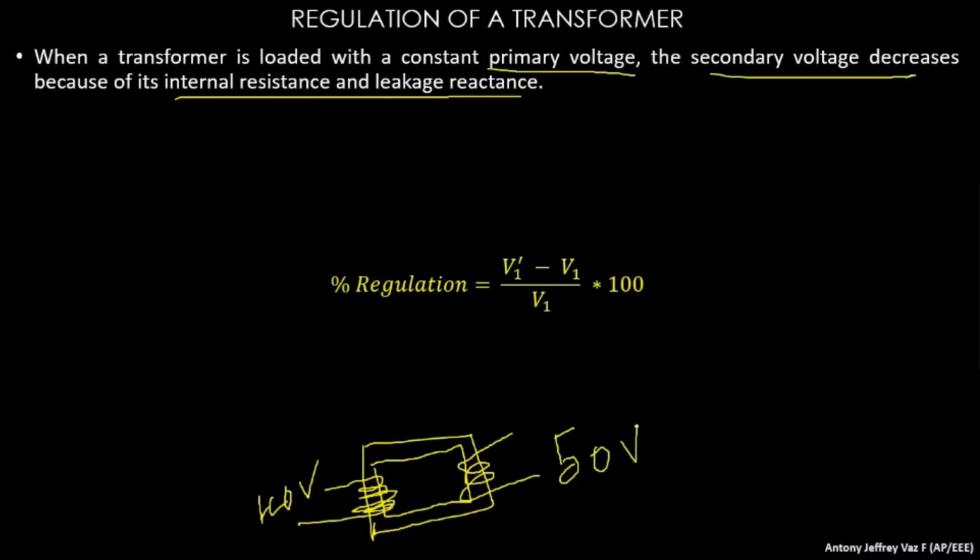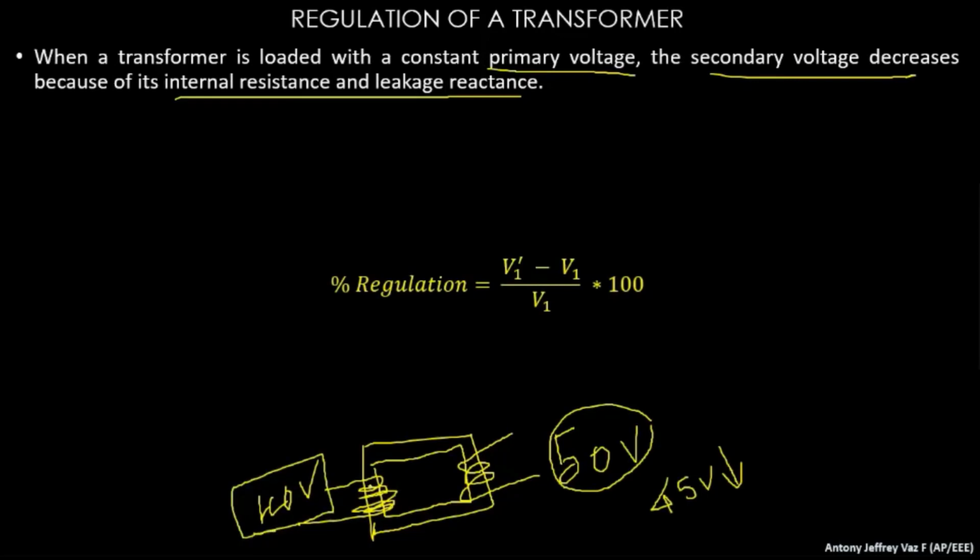Okay, this is the rating of the transformer. You supply a primary voltage of 110 volt, but the transformer on the secondary side is giving only 45 volt. Okay, so what is the reason the voltage on the secondary side has decreased, irrespective of the primary voltage being constant?